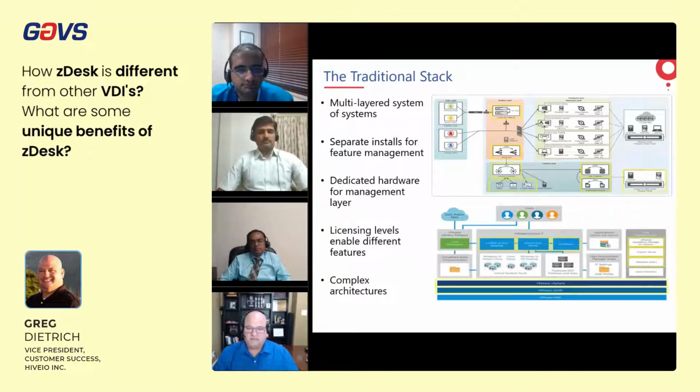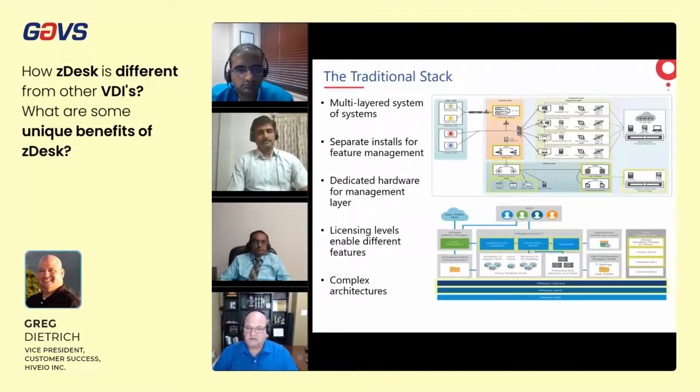So best practice over the past 20 years has always said, you take these management pieces and you put them on dedicated hardware, right? You want to separate that management workload from your resource workload. Well, that whole concept now goes away, right?